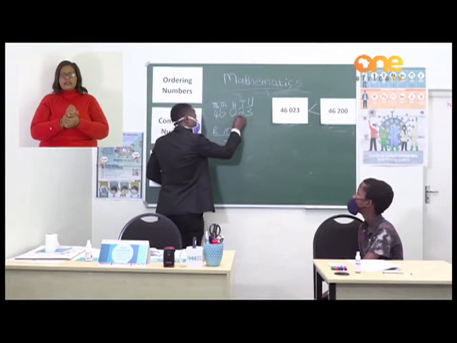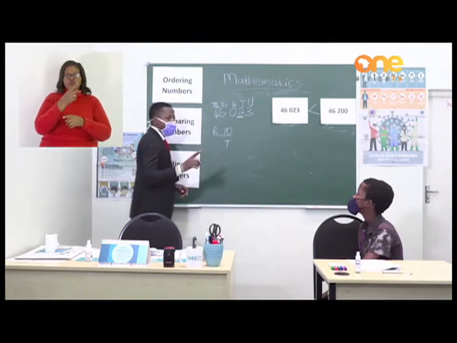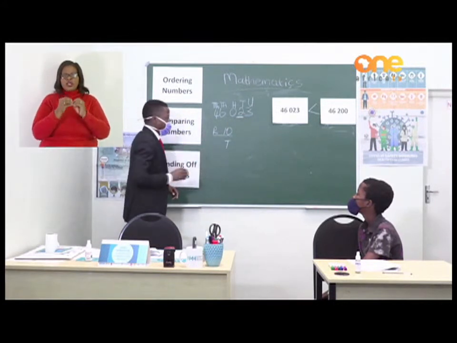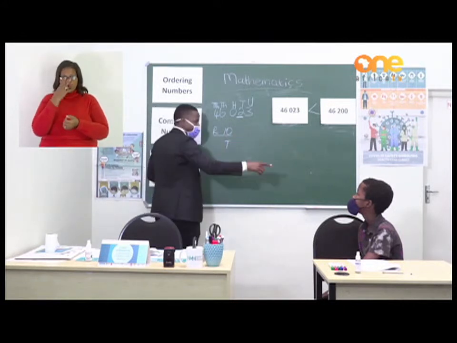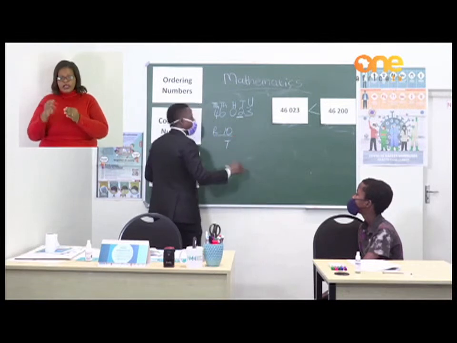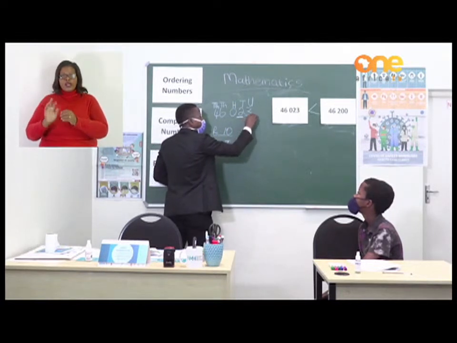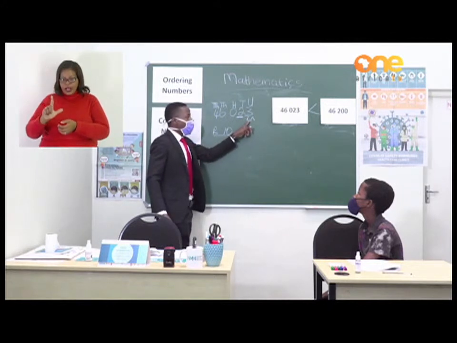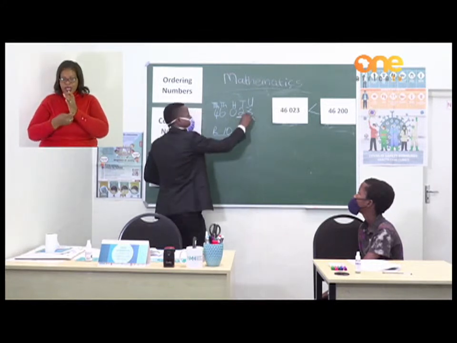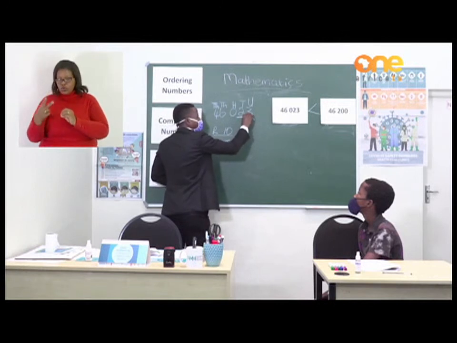If you are rounding off 2, there is a number that you need to look at. The number you need to look at is the next number to your right.